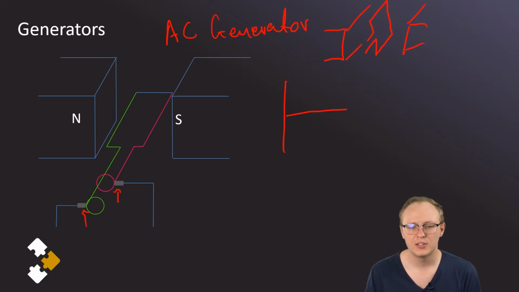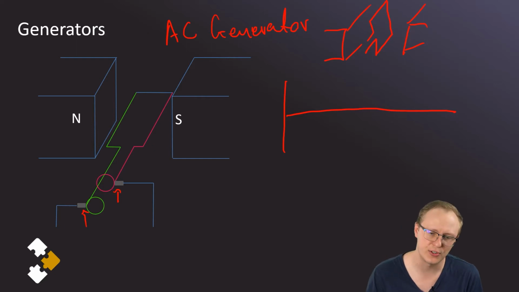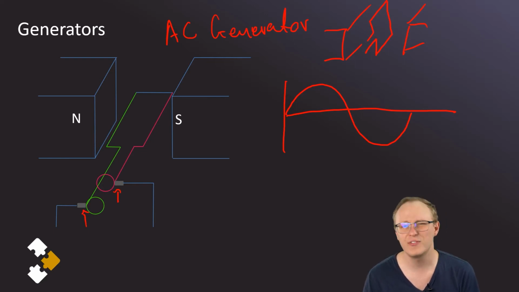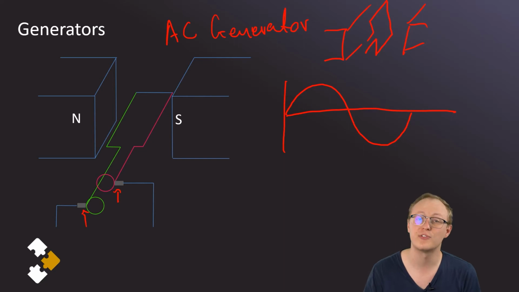So what might this look like? AC current has this sinusoidal form like this. So it looks like a sine graph. But whether it's going to be a sine graph or a cos graph depends on where we start in the rotation, right?